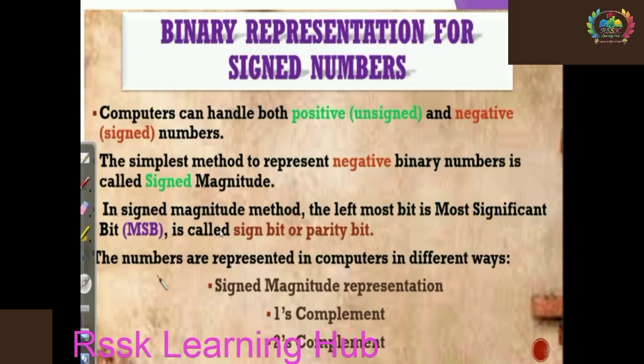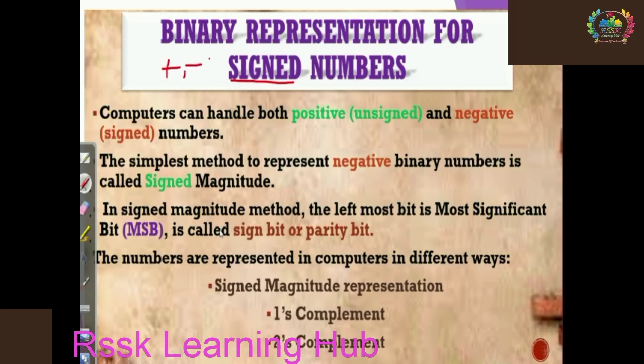There are a number of representations in the computer for signed magnitude representation. How are you going to represent the signed magnitude? By hearing the name itself, you should be clear in your mind what is meant by signed. Plus is one sign, minus is one sign.